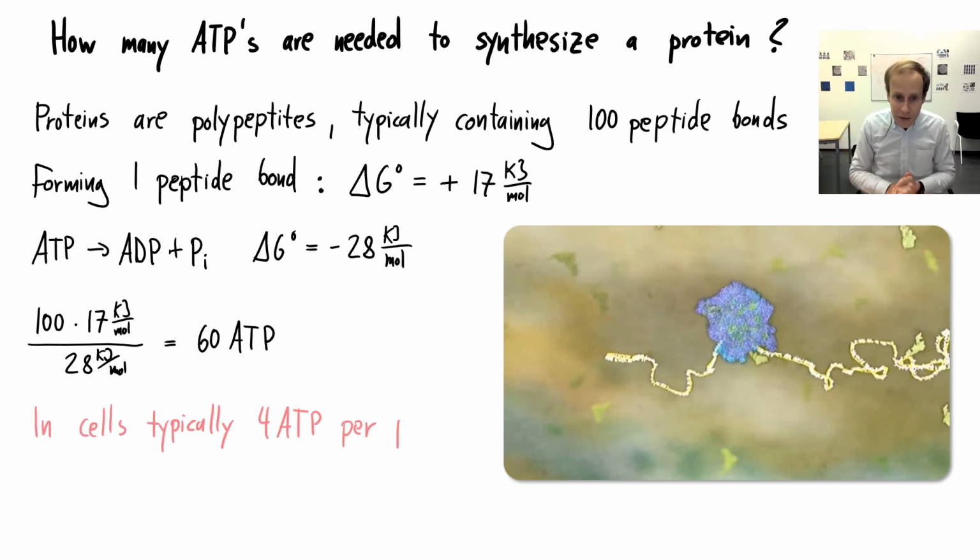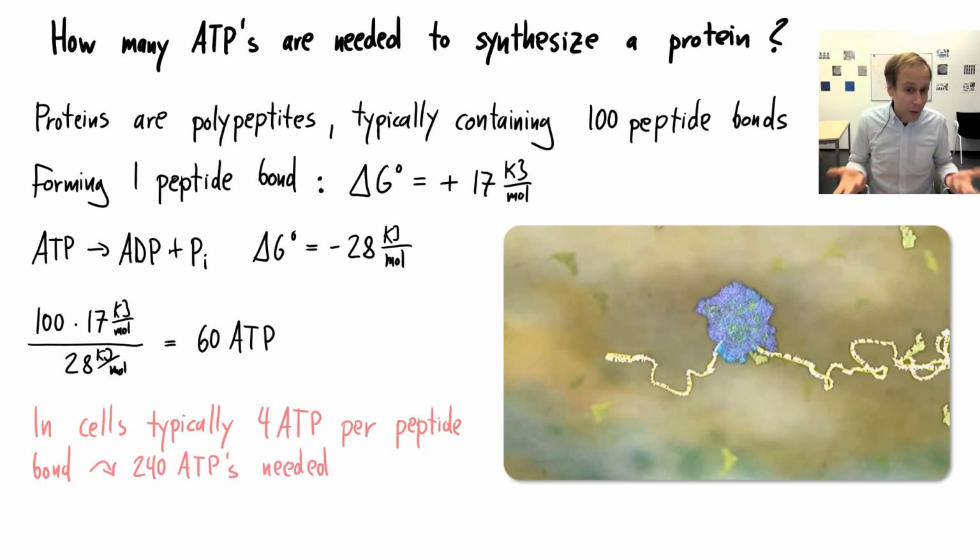However, in cells, it's actually required to have typically 4 ATPs per peptide bond. So even though the peptide bond costs only 17 kilojoules per mole, while the ATP hydrolysis provides more than that, minus 28, we need 4 ATPs for each peptide bond. Again, that's due to the inefficiencies of this process, because there are other steps that cost additional energy that need to be carried out for the synthesis of this protein.